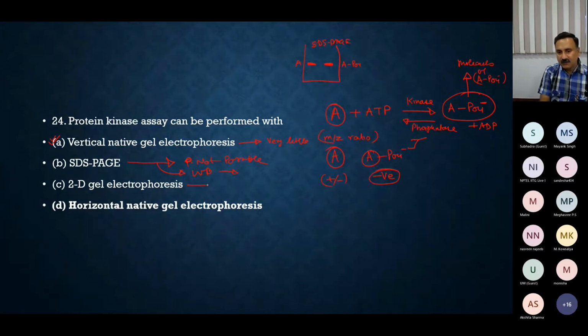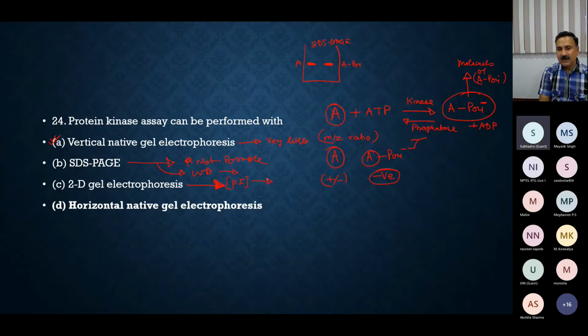Now 2D gel electrophoresis. 2D gel electrophoresis can be used, but in terms of the 2D gel electrophoresis, what you're going to do, right? You are going to first run at the level of pI, right?